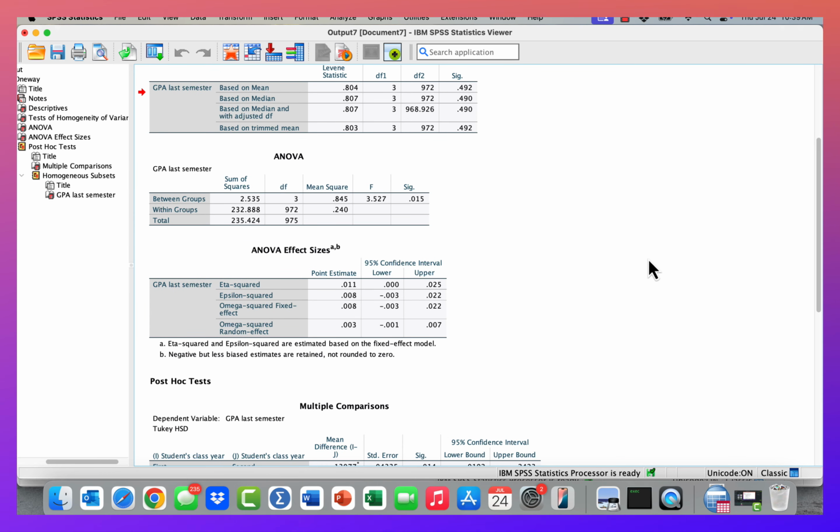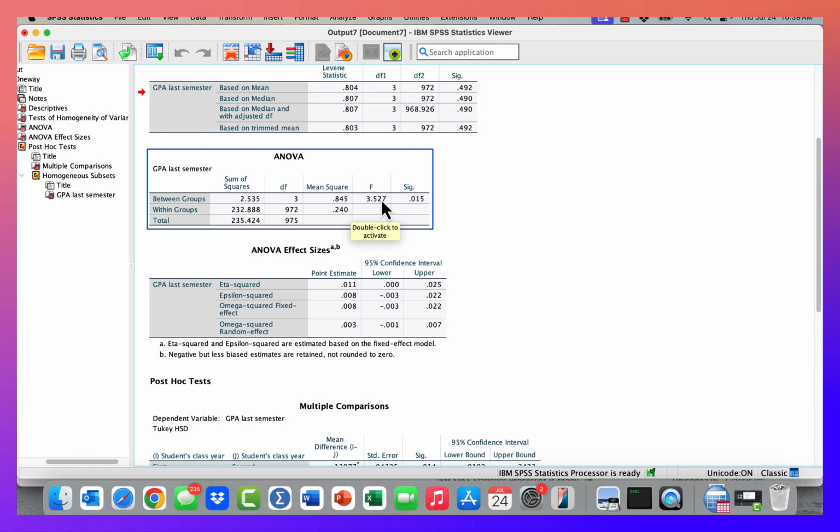Now coming down here to our ANOVA results. Here is the basic output, and this tells us the global test for overall model significance. From this, we can conclude that the means between groups are significantly different, but we can't make any statements about which means differ from this table.